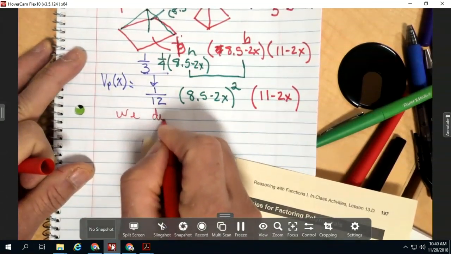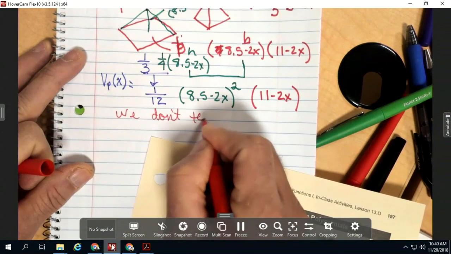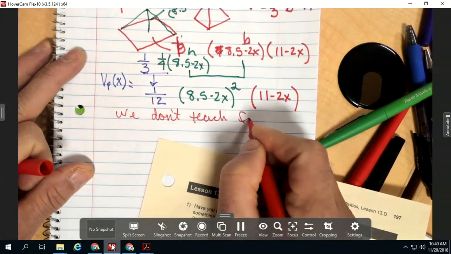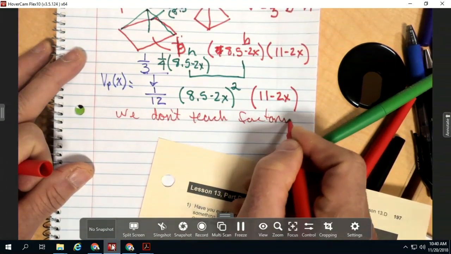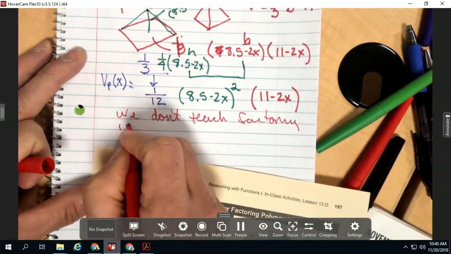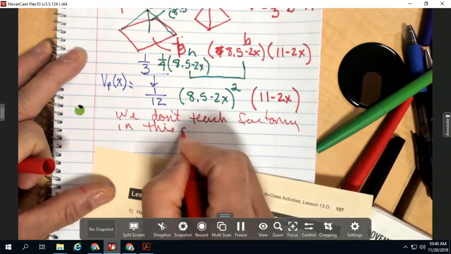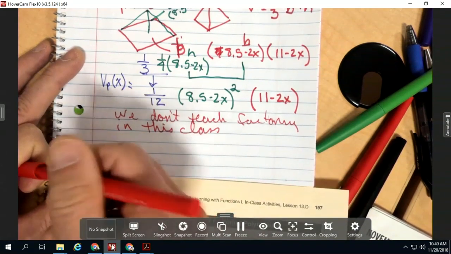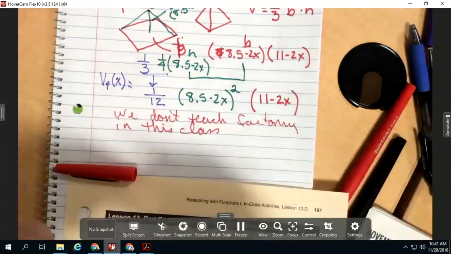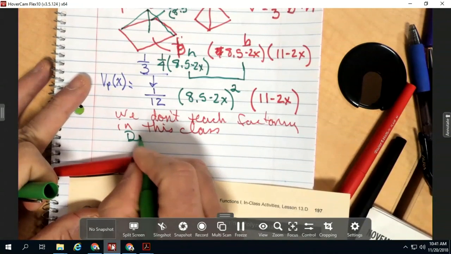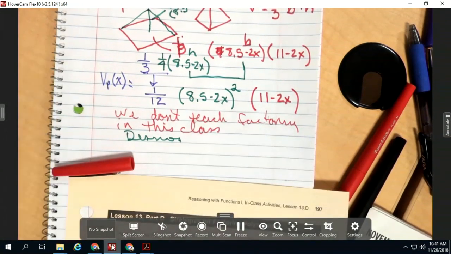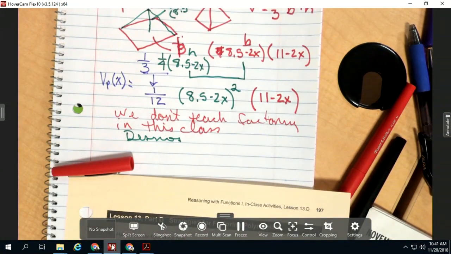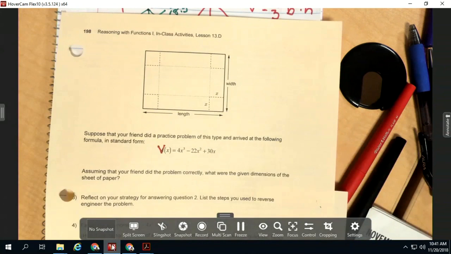We don't teach factoring in this class. Here's what we do instead. Desmos. How did I know? Let's check it out. Let's put in this equation right here.